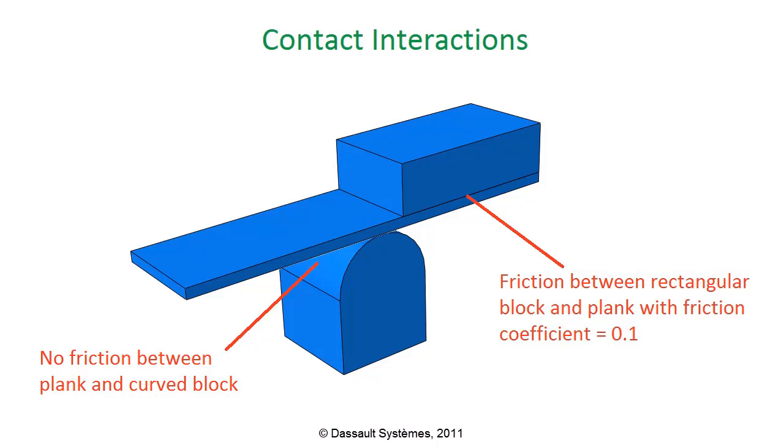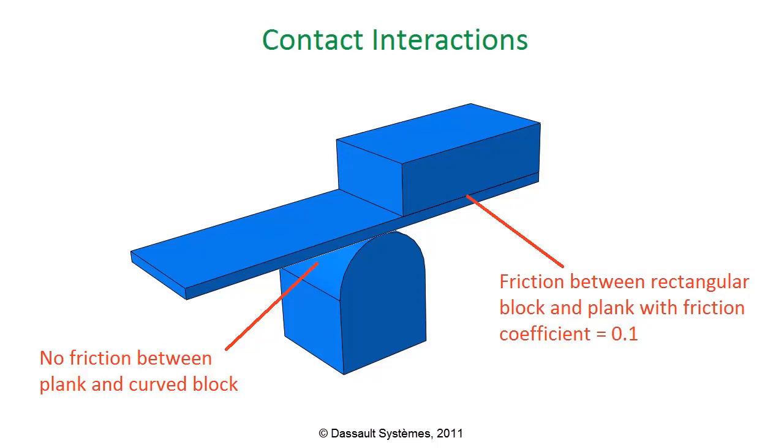This means that we will first create two interaction properties, frictional and frictionless, just like we did in the contact pairs tutorial. However, we will apply them a little differently. We will apply frictionless as a global property. When this is done, all contacts detected by Abaqus's general contact algorithm are automatically assigned to the frictionless property by default.